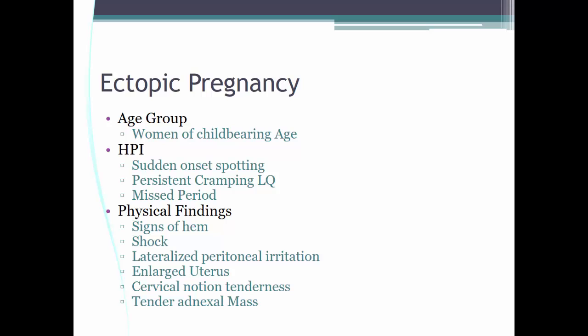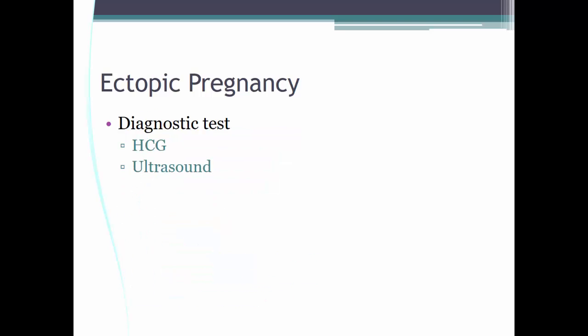Now, the signs are basically signs of hemorrhage or shock, such as hypotension, tachycardia, and pallor, signs of peritoneal irritation, such as rebound tenderness and tenderness to deep palpation, a board-like abdominal wall, enlarged uterus, cervical motion tenderness, and also the adnexal mass that could be palpated, as previously said.